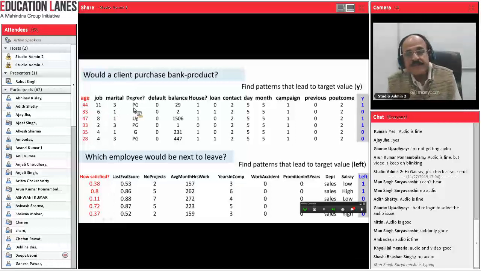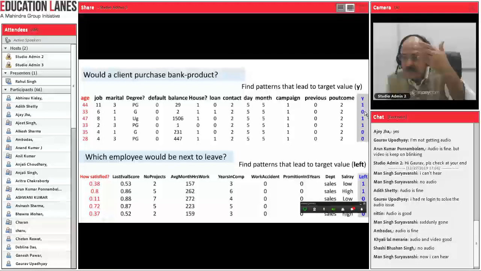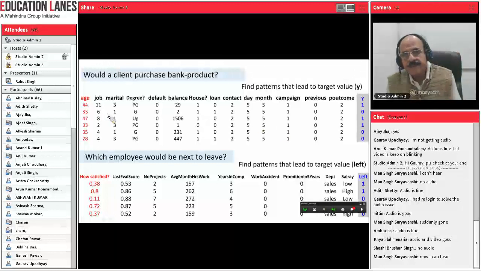What is his marital status, education, and so on. And then it also has data from its past experience on whether he purchased the financial product at that time, one or no. So this is my target column, and this is my data about each client.